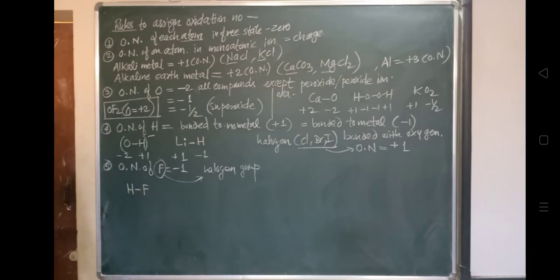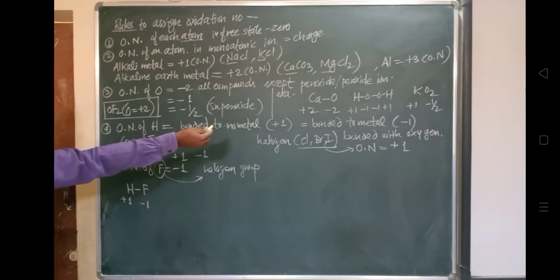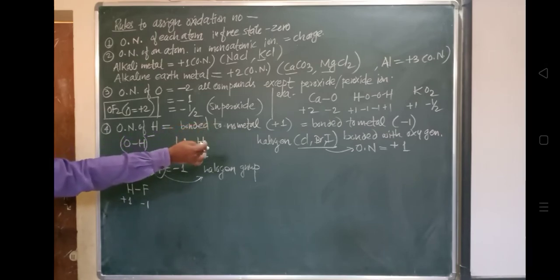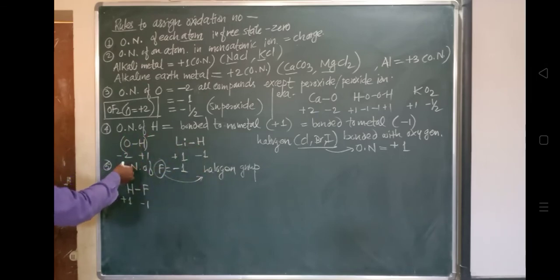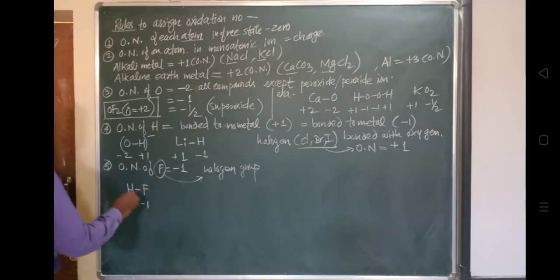Right now fluorine will show -1 oxidation, and hydrogen will show +1 oxidation, because when hydrogen is bonded with non-metals like oxygen and fluorine, it shows +1 as oxidation number. अभी देखो, fluorine is showing -1 as oxidation number.